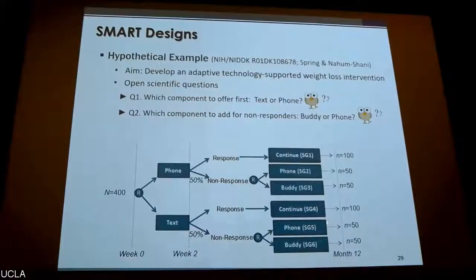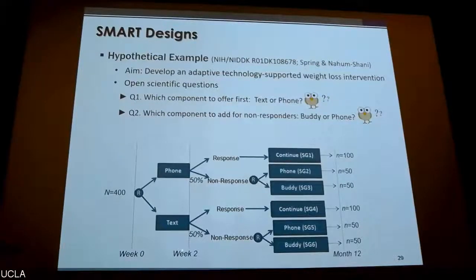What I want you to notice here is that there are 2 stages of randomization. This is going to be critical when we move to MRTs. The first stage is at week 0. Why? Because remember my scientific question, how to initiate the treatment, right? So I had a question about the selection of components at this decision point at week 0. And I also had a second scientific question about what to do for non-responders at week 2, right?